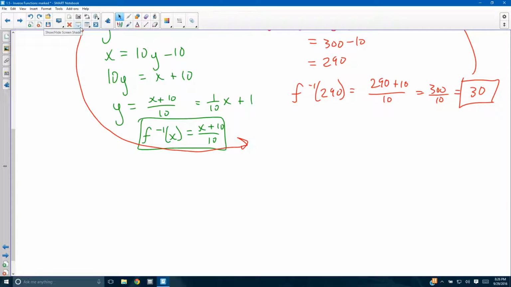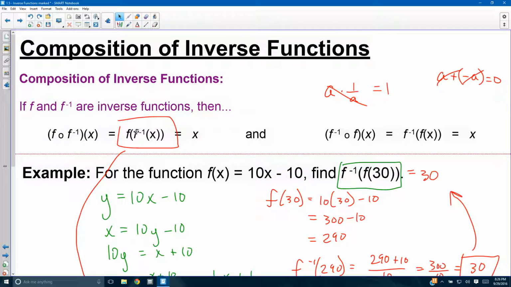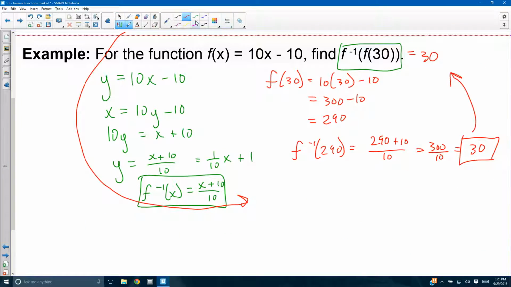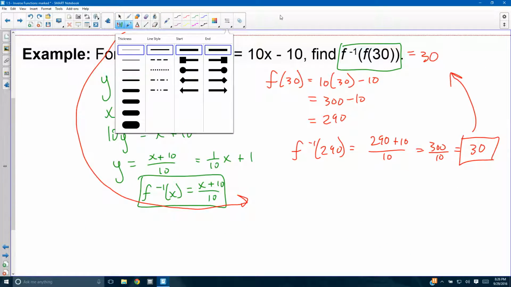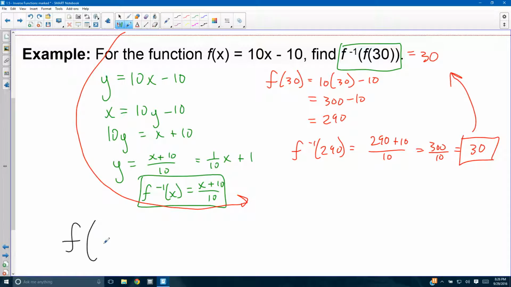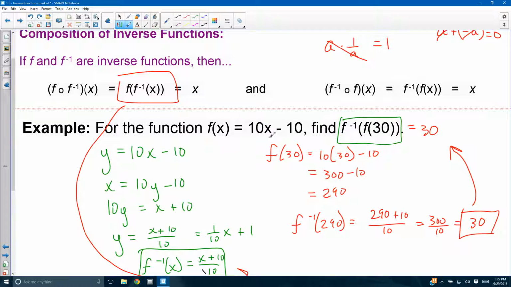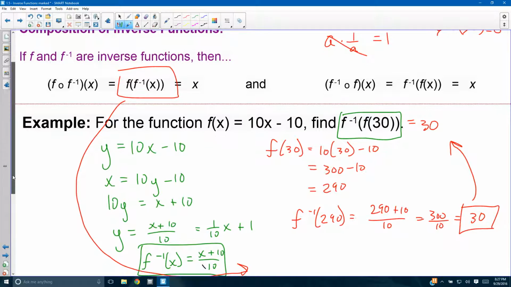Okay, so let's go ahead and try to do the function of the inverse function of x. And let's see that we actually do get x right back out here. So the function of the inverse function of x says that I'm going to take the function of this, (x plus 10) over 10. Which means (x plus 10) over 10 takes the place of x in this equation here.